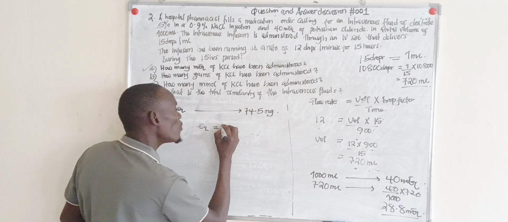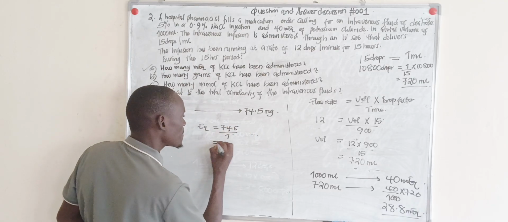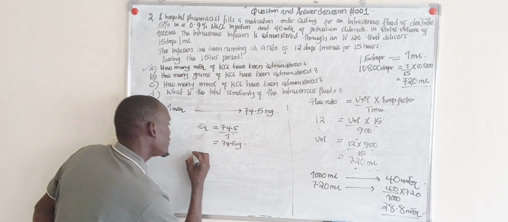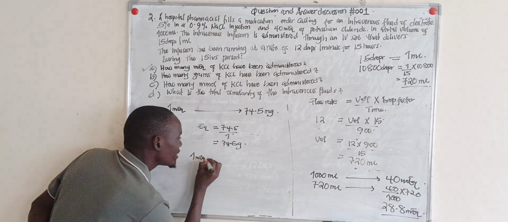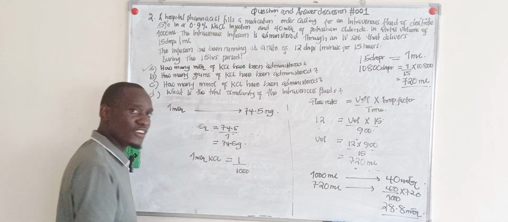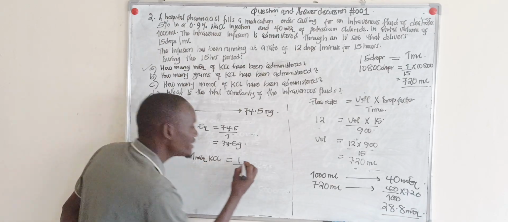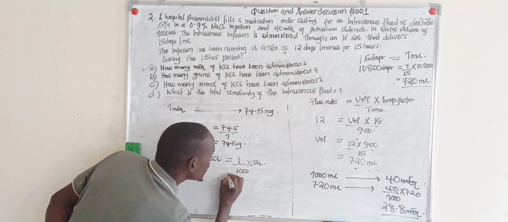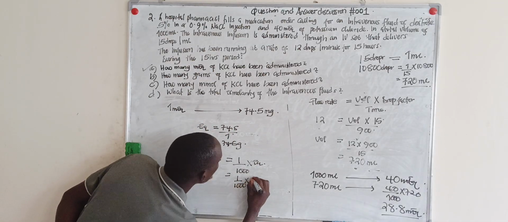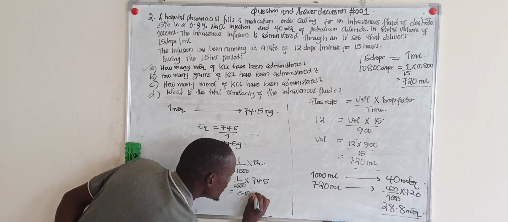equal to the molecular weight of potassium chloride, which is 74.5, divided by valence, where we shall get 74.5, and its unit is grams. Then 1 milliequivalent of potassium chloride is equal to 1 over 1,000 times its equivalent weight, from the definition of milliequivalent. So 1 over 1,000 times 74.5 gives us 0.0745.